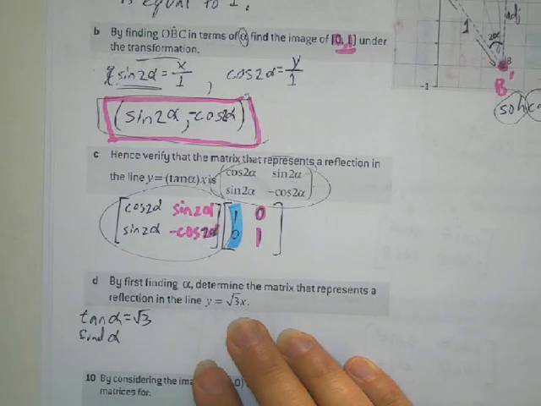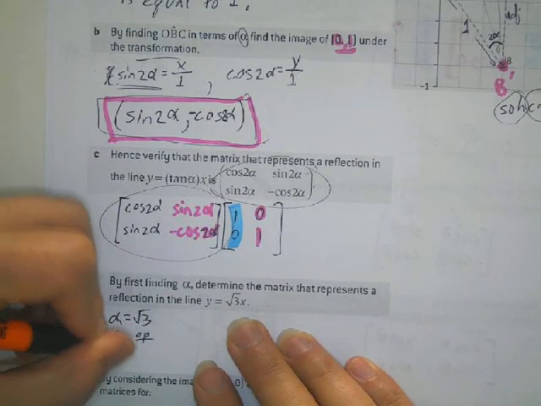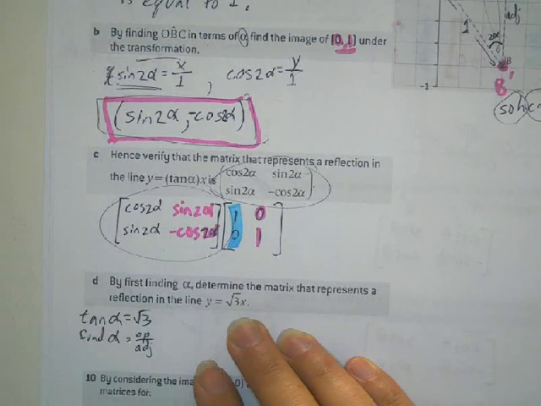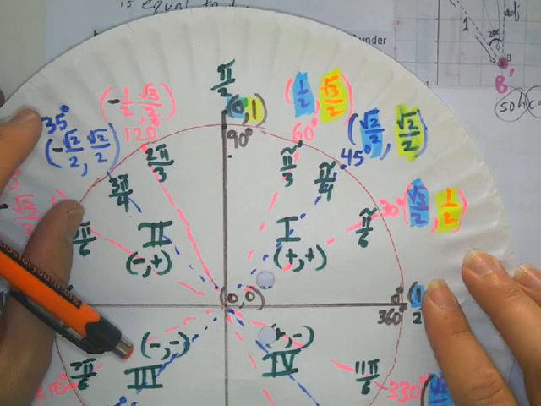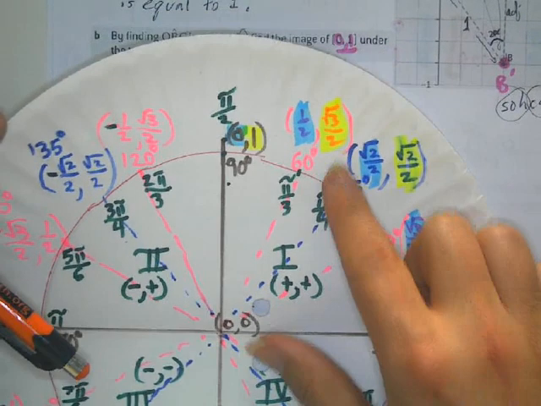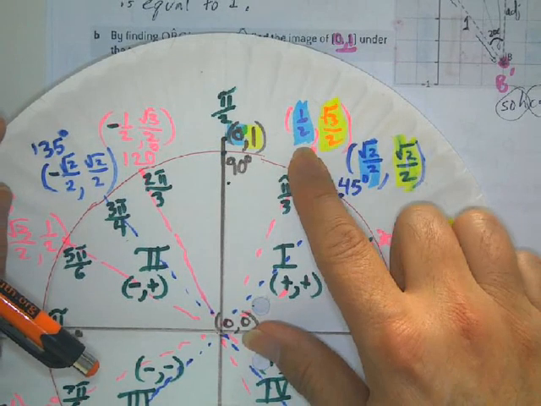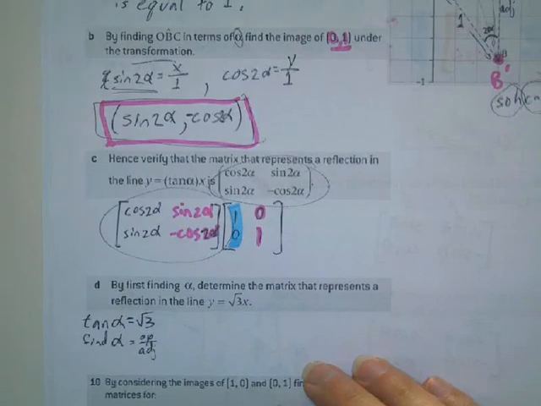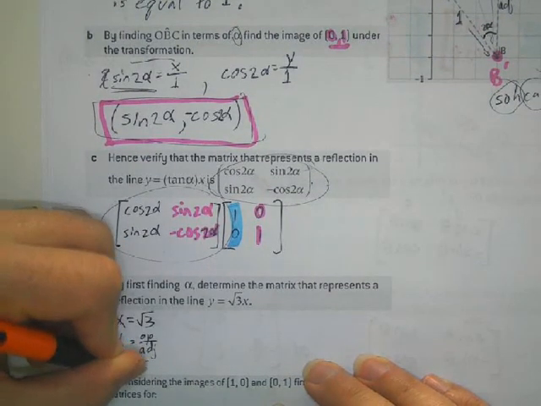Tangent is opposite over adjacent. And so to get radical 3, if I look at my unit circle, opposite over adjacent is going to be radical 3 over 2 divided by 1/2. So that's going to be 60 degrees. So alpha equals 60 degrees.